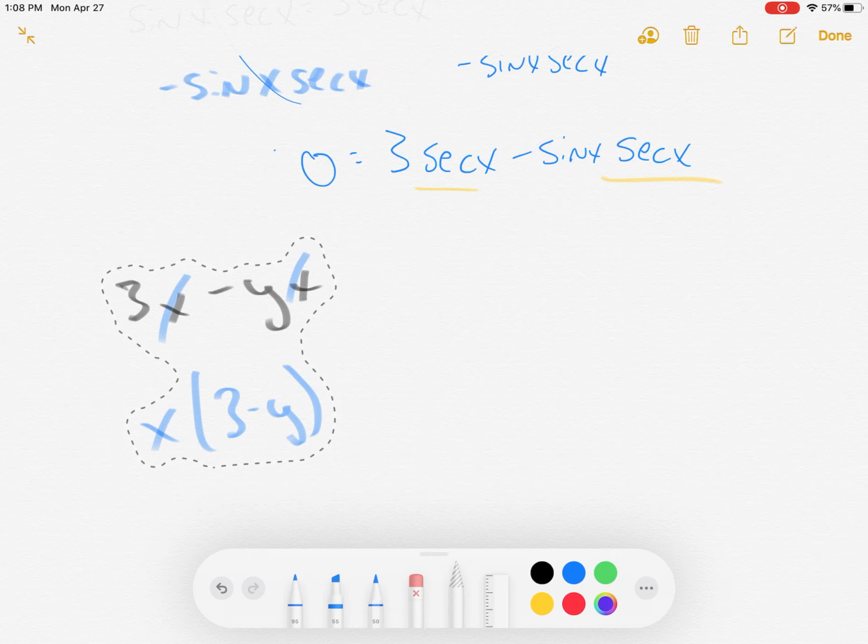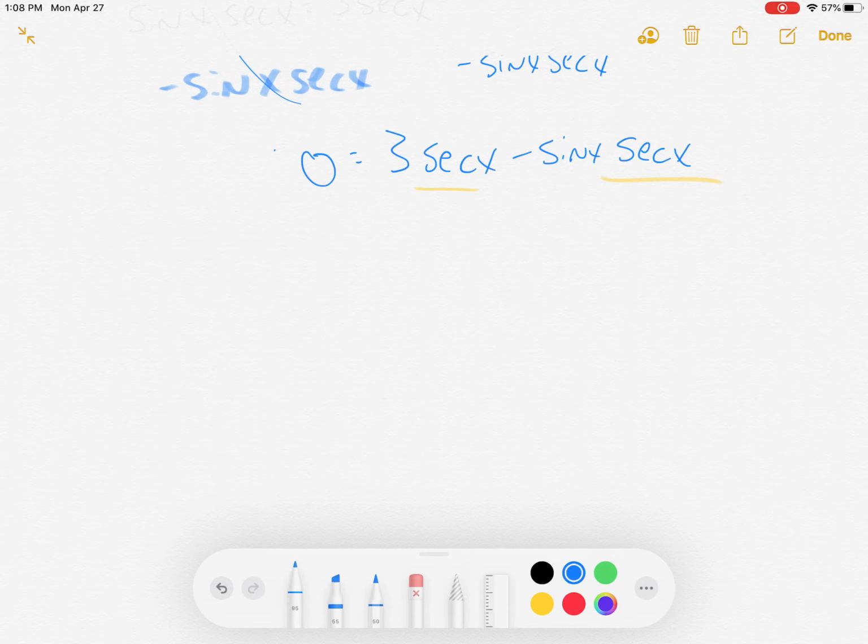We're going to do the exact same thing, but now we're going to factor out a secant instead of an x. So I'm going to have the secant of x times 3 minus sine. And again, this is still equal to 0.